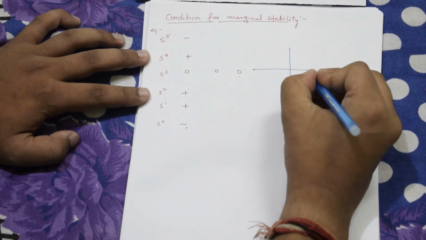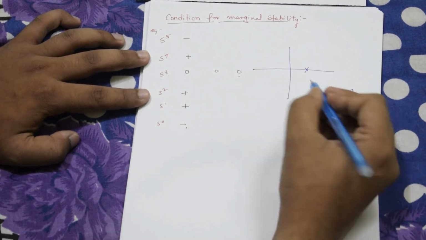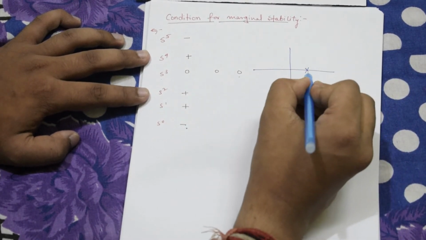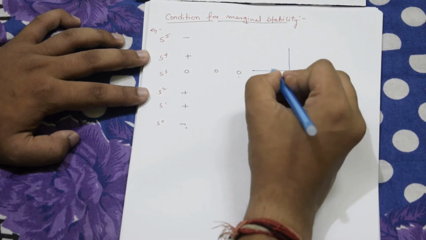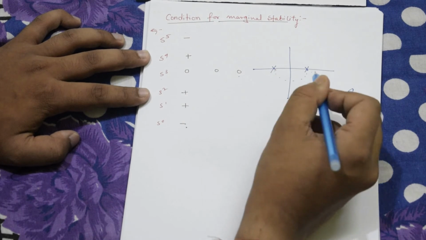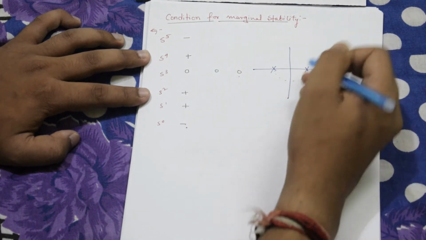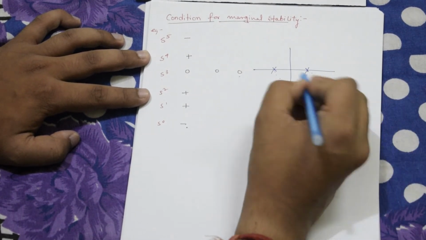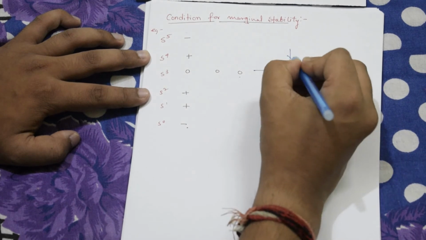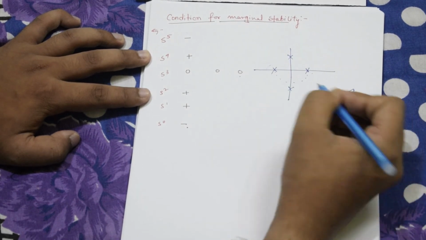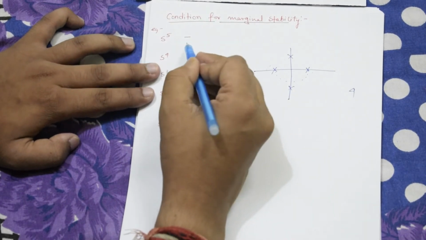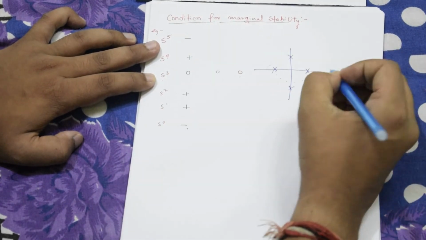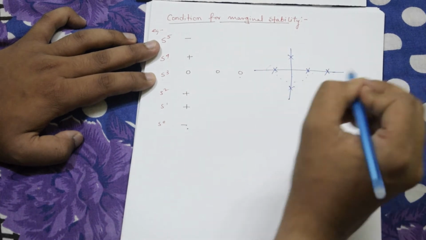That means one symmetrical pole is surely there on the real axis. So if one symmetrical pole is there in the right hand side, then one will be there in the left hand side also, because it is symmetrical about the origin. So two poles are there on the real axis and 2 poles will be on the imaginary axis. These 4 are symmetrical. And one more sign change is there above the row of 0. That means it will be in the right hand side of the s plane.